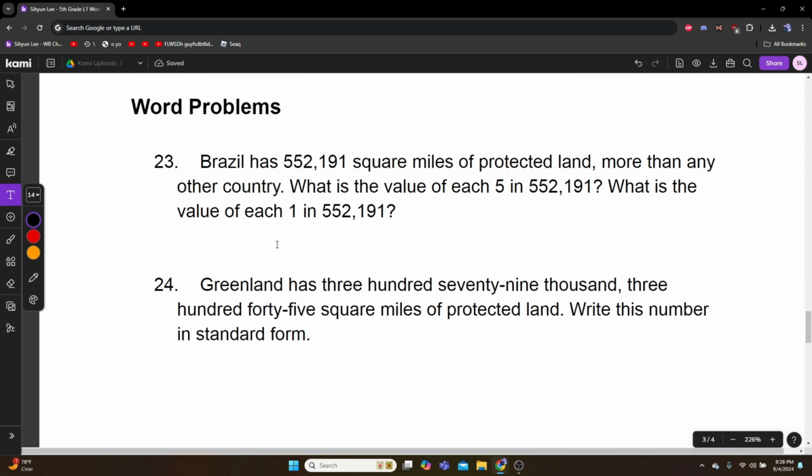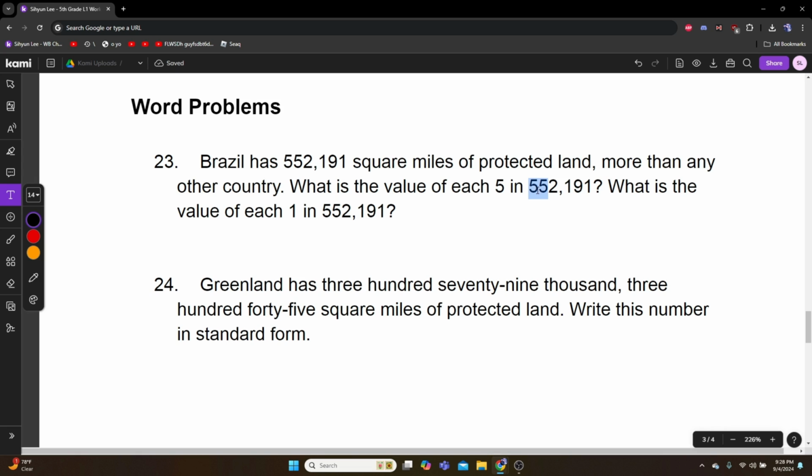Word problems. Brazil has 552,191 square miles of protected land, more than any other country. What is the value of each 5 in 552,191? What is the value of each 1 in 552,191? So, we could see that each 5 in the number 552,191, there's 2 of them here.